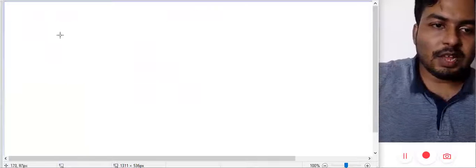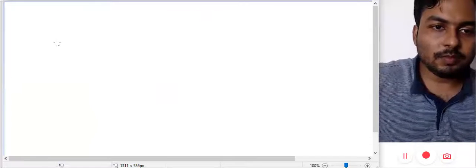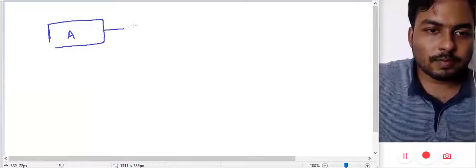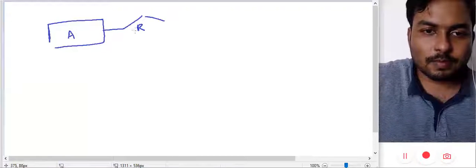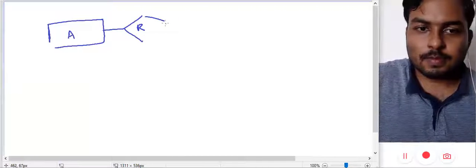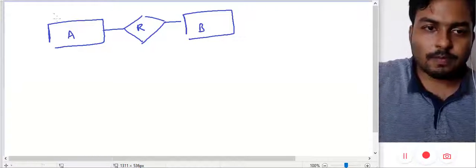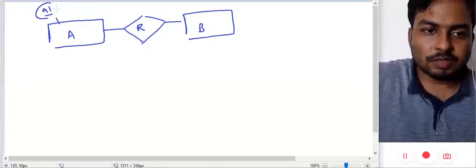The last one. What is the last one? Any guesses? What kind of mapping cardinality will it have? 1:1, right? Same example, same case.